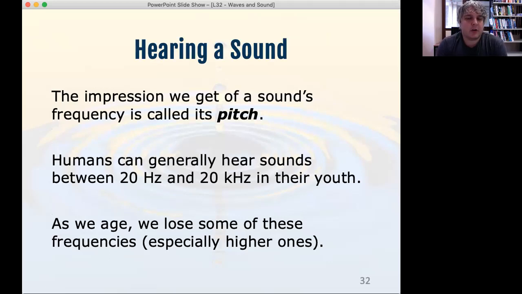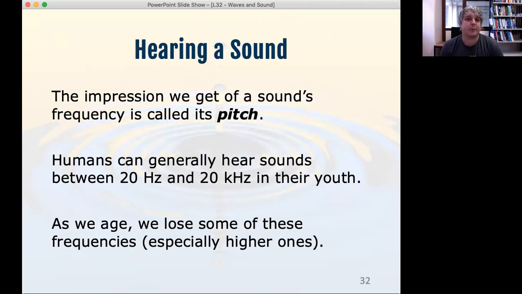For a little bit of terminology again, coming back to language, sound frequency and sound pitch are kind of the same thing in a lot of everyday language. In physics, they are slightly different. The frequency is the frequency of the wave itself, how frequently those crests pass a specific point.